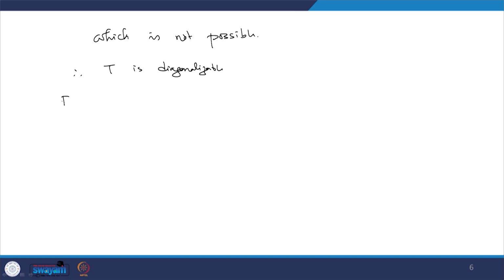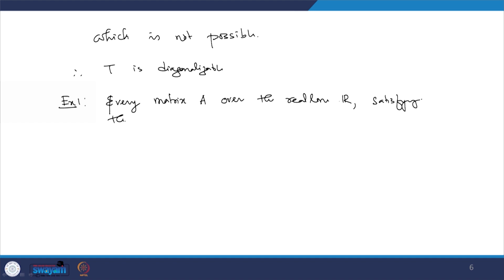So, let us consider some problems. First problem: every square matrix A over the real line R satisfying the relation A square equal to A is diagonalizable over R. How?